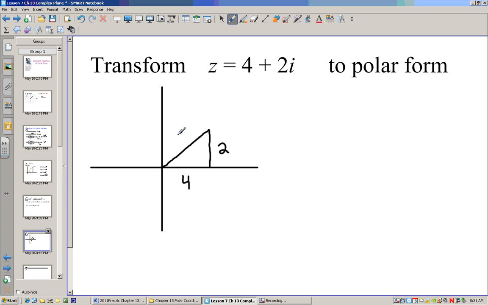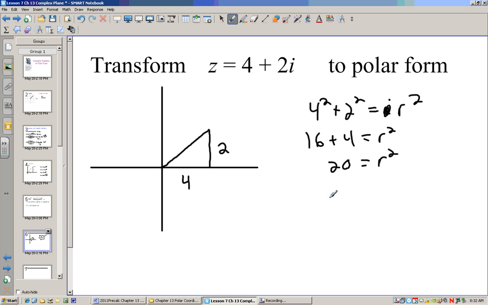So if I want to find the hypotenuse, I'll take 4 squared plus 2 squared equals c squared, or maybe more appropriately r squared. And so this would be 16 plus 4 equals r squared, or 20. Now when I take the square root of 20, that should be able to be broken down into square root of 4, square root of 5, which would be 2 root 5.